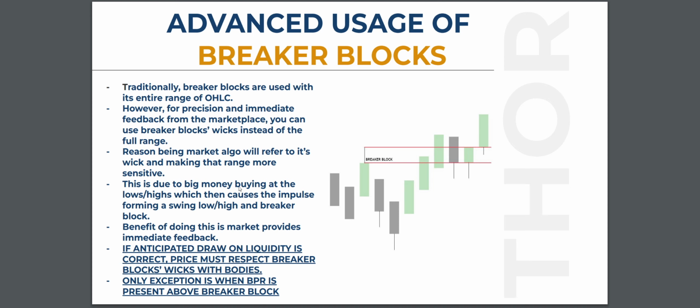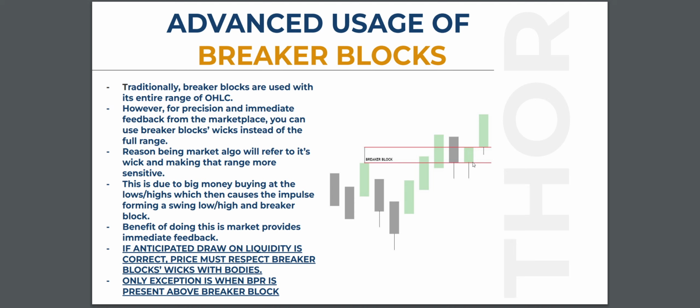And this usually happens due to big money buying at the lows or highs, which then causes the impulse forming a swing low, high, and a breaker block, right? Like I said, the benefit of doing this is getting immediate feedback, which is why I love to use this, because I know immediately if I'm right or wrong.